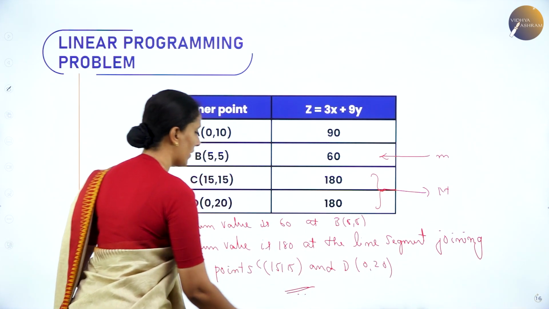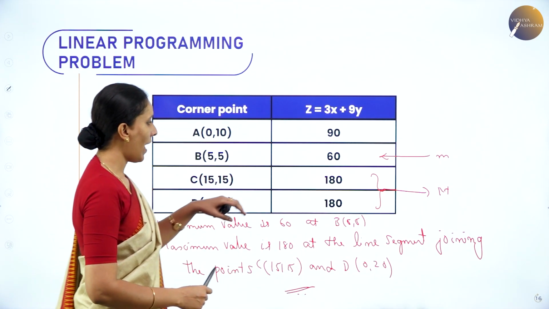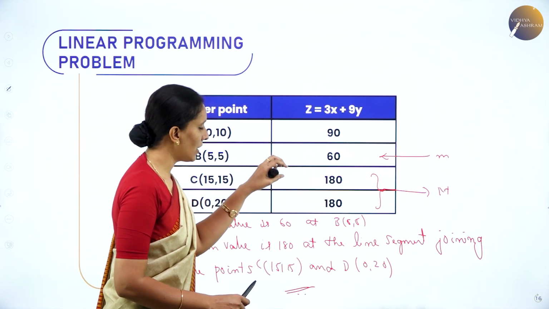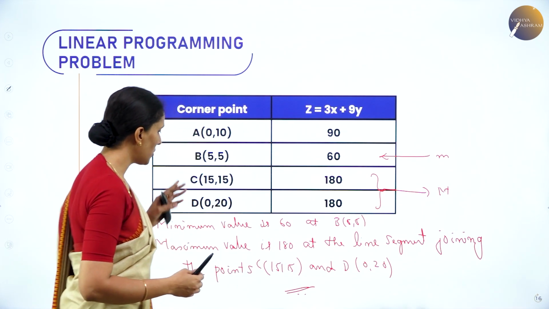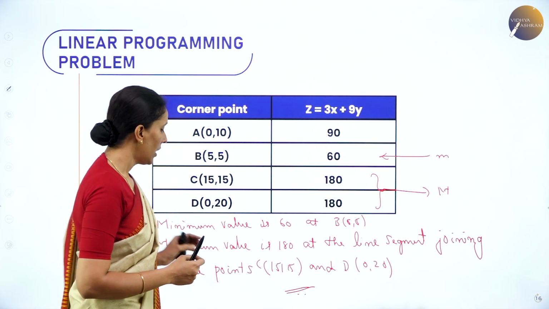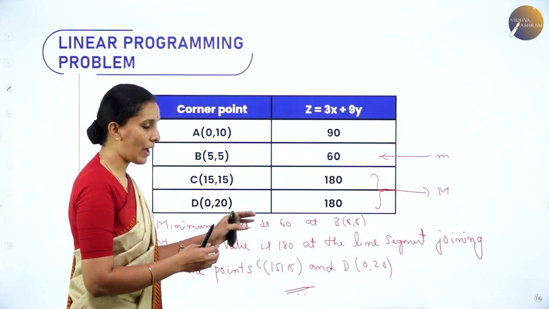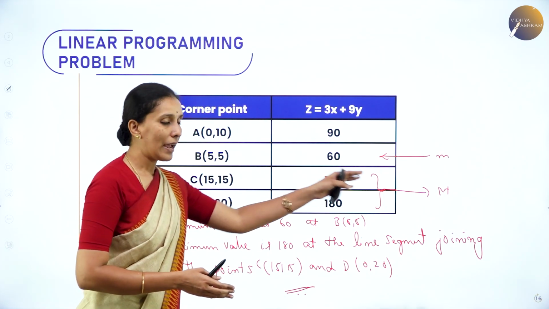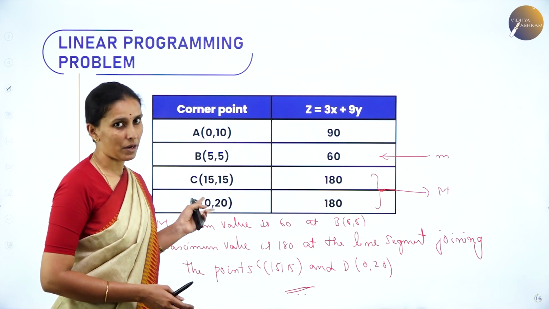So this is how we will write the solution. If a maximum value or minimum value repeats at more than 1 corner point, then you have to state the conclusion in such a way that the maximum value or the minimum value will be at the line segment joining the given points.